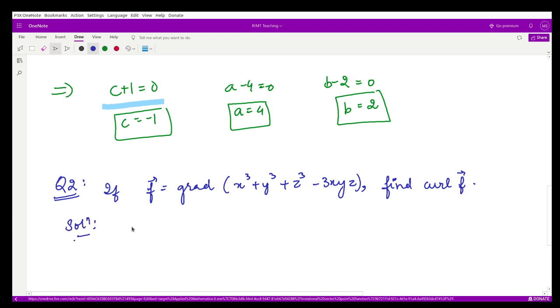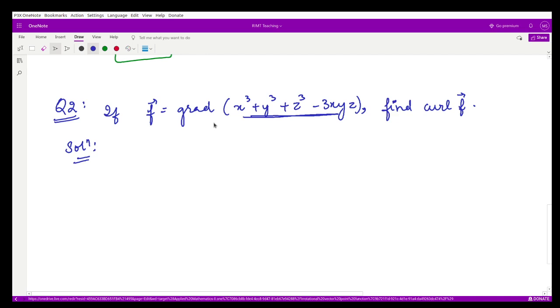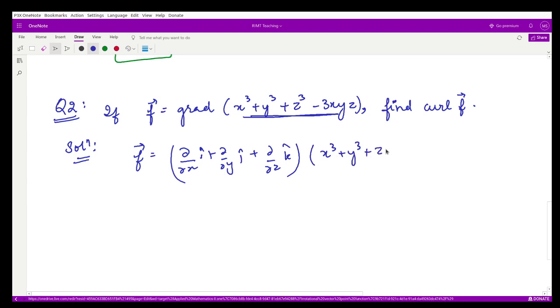So here we are given that vector f is nothing but the gradient of this scalar point function. So first of all, you are to compute the gradient of this scalar point function, right? So vector f would be del by del x i cap plus del by del y j cap plus del by del z k cap of this scalar point function x cube plus y cube plus z cube minus 3xyz.